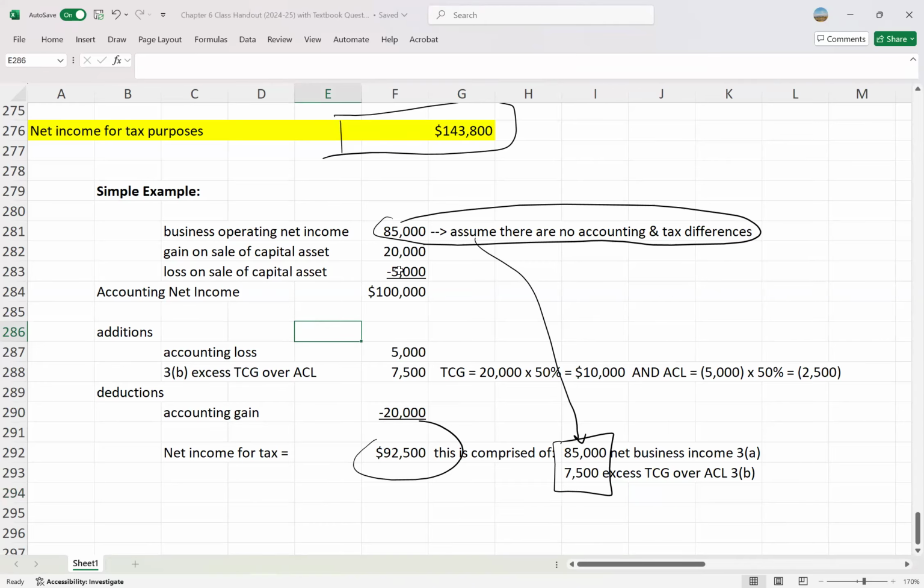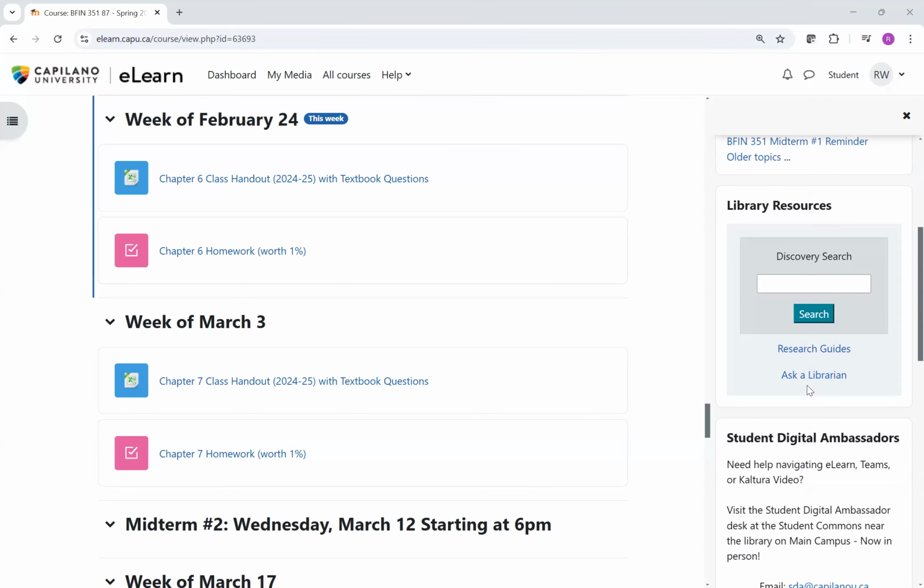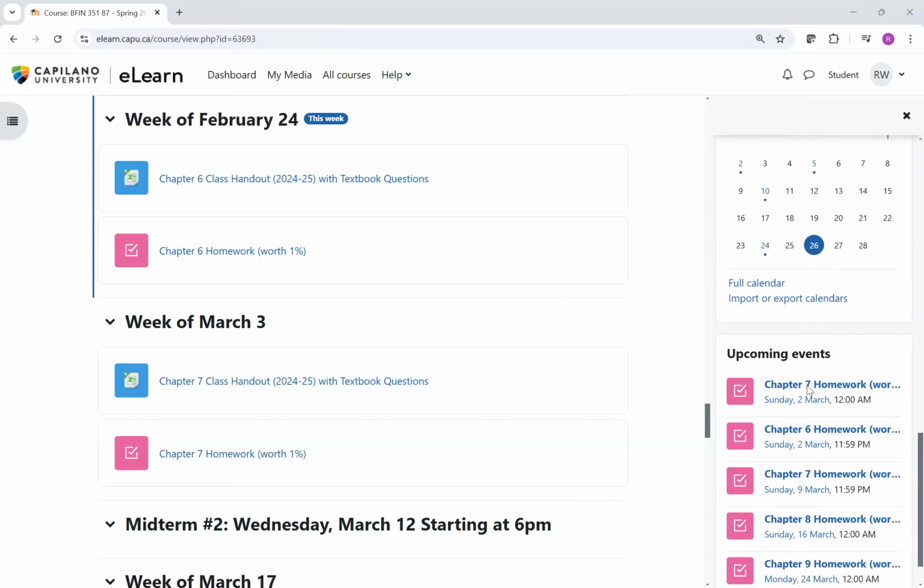I'm just going to bring up eLearn quickly to review what's coming up. As I mentioned at the start of today's lesson, the next midterm is in 2 weeks' time. We see here that the chapter 6 homework is going to be due on Sunday. So now that we've gone through chapter 6, make sure that you get that done.